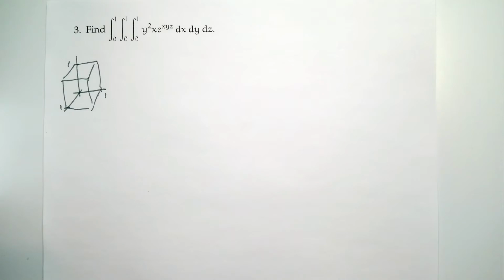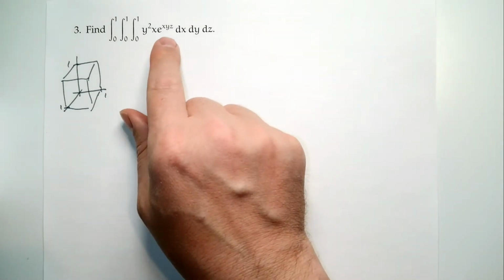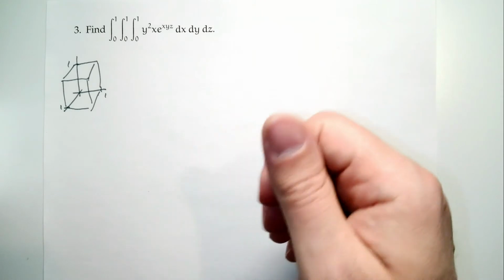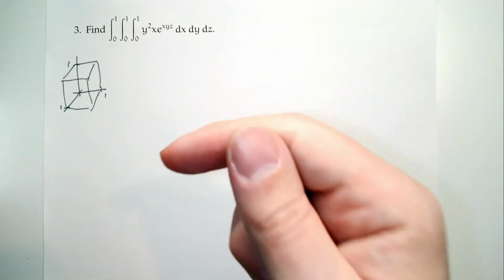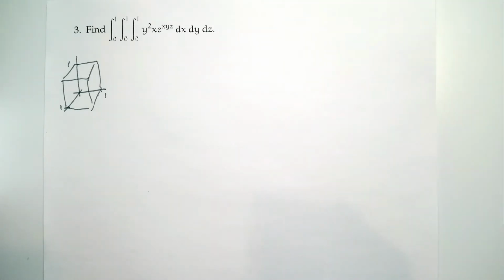They got to make it a little bit more challenging for us, right? But let's think of it a different way. Let's make it easier for us. Suppose we had y squared x e to the xyz. Would you want to integrate with respect to x, to y, or to z first? Which one would you choose? Why would you choose that one?